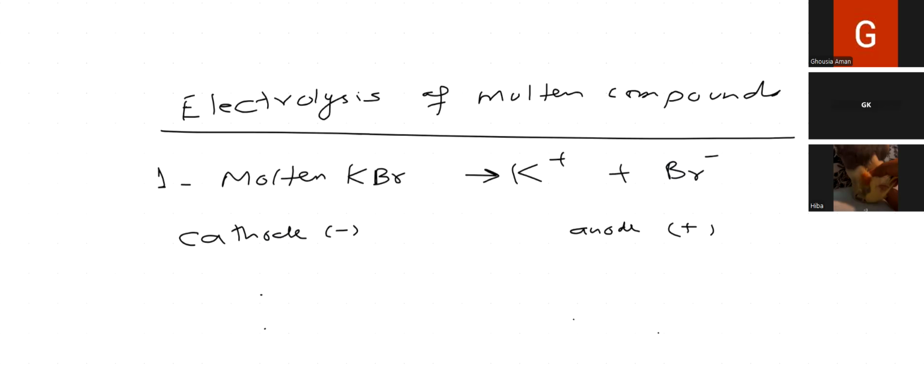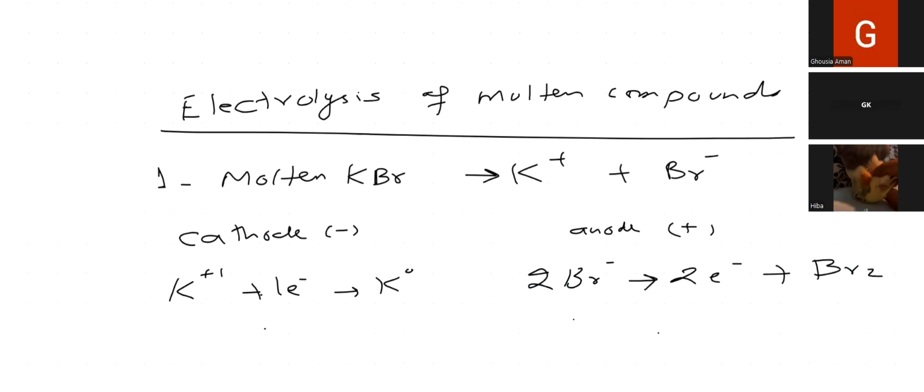The potassium cation will gain one electron and form pure potassium. Two bromide ions will each lose one electron, so 2 electrons in total, and form vapors of bromine gas. Okay.